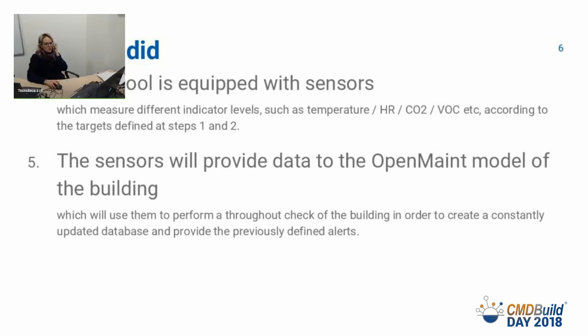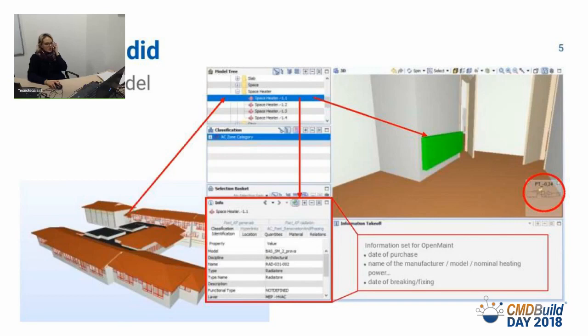So if we go back to the previous slide, openMAINT will have a constant check of this heating unit and will use the information we gave it to check if it is always running correctly or not.